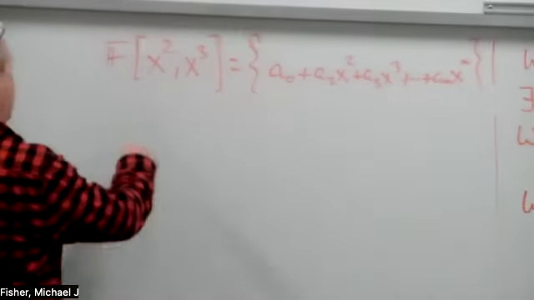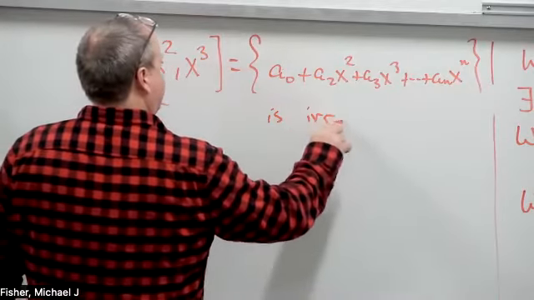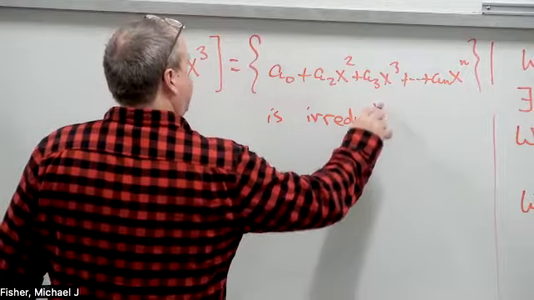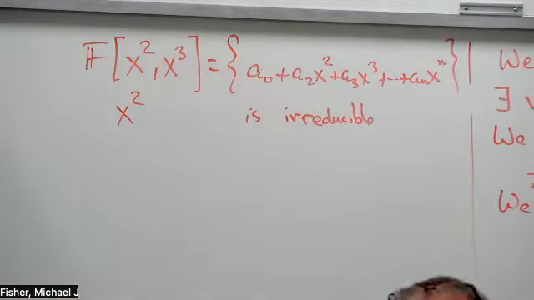Notice that x squared is irreducible. Because after all, how can you factor it? The only non-trivial way to factor x squared is to break it down into 2 degree 1 polynomials, right? And there ain't no degree 1 polynomials. I've cheated you out of them, right?